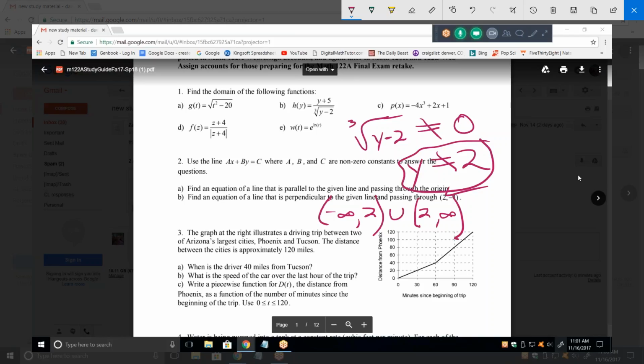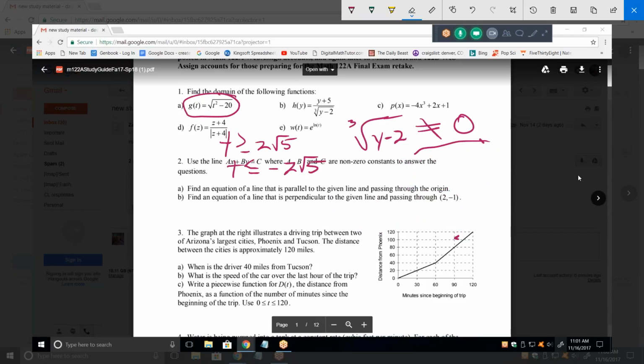And maybe we ought to go back and do this one in interval notation. Remember what we got? t had to be greater than or equal to 2 root 5, or t had to be less than or equal to negative 2 root 5. Let's put that in interval notation, because that's maybe a little tricky. Not really so much, but I want to make sure you know how to do it.